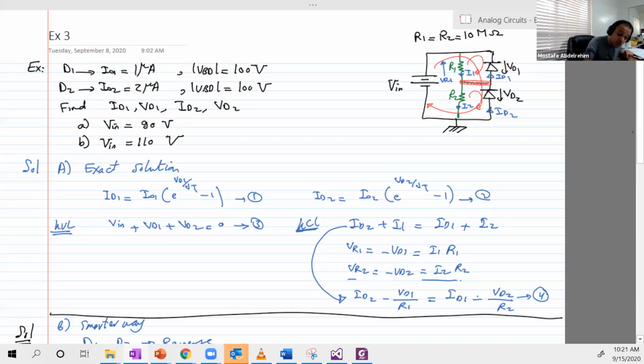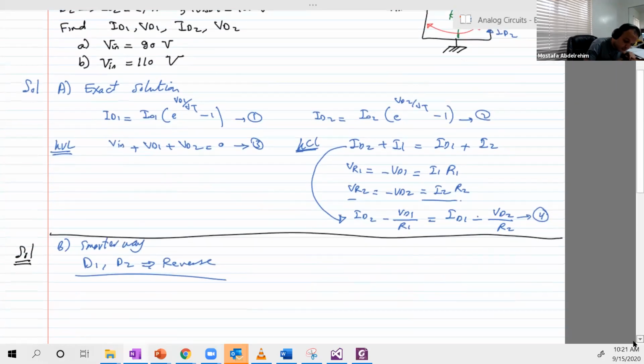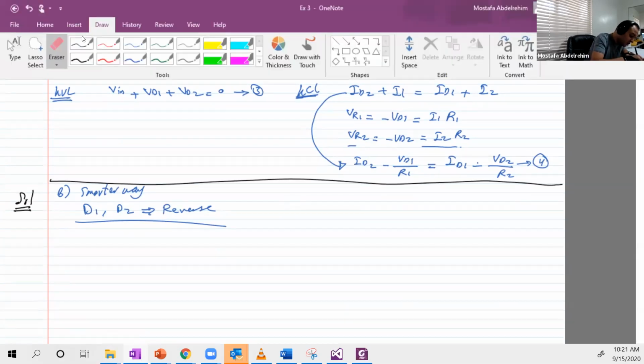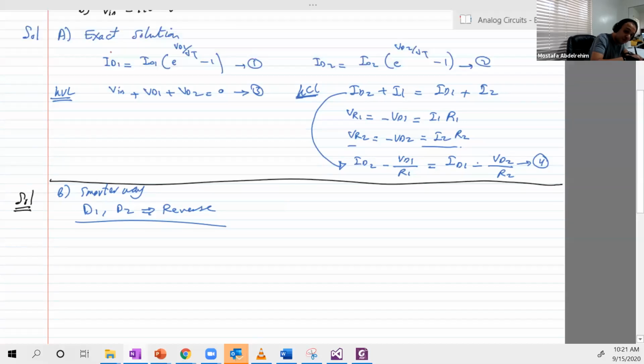So we can assume here, let's write it clearly here, because this is an assumption that must be proved positive or negative, or I'm sorry, right or wrong. So the assumption here is that D1 and D2 both are in deep reverse, but not breakdown.